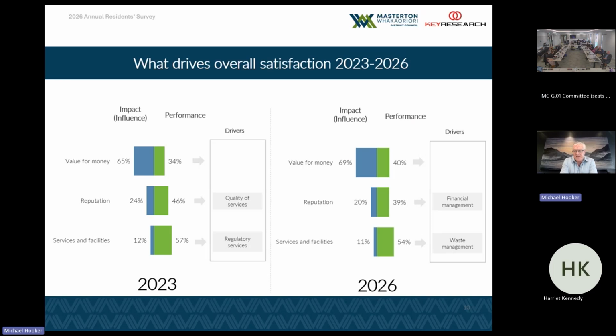What we do see that is different, however, is that the driver of reputation has switched in 2026 to that of financial management. So it's worthwhile bearing in mind that what happens across the council and decisions that are made around that can have a significant influence upon a resident's perception of the overall council performance.